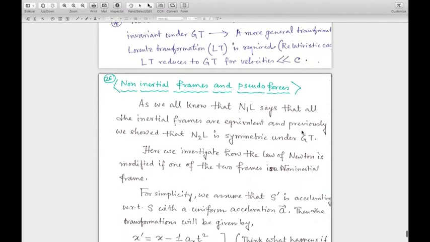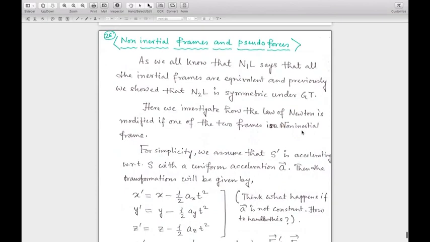Okay. Finally, this was the story for inertial frames. Finally, how to relate non-inertial frames in the Newtonian framework. As we all know, N1L, the first law, says that all the inertial frames are equivalent. And previously we also showed that N2L is symmetric under Galilean transformation.